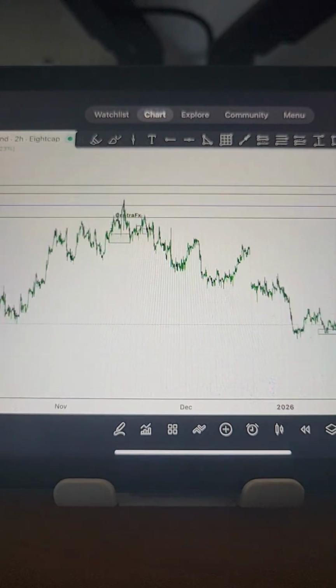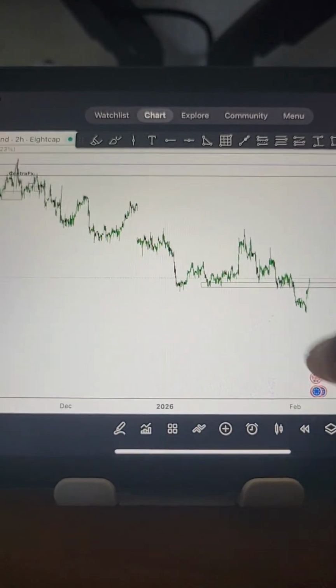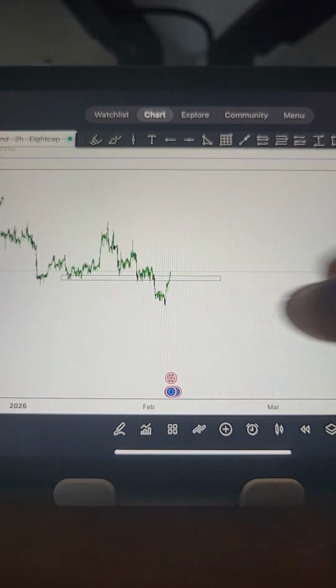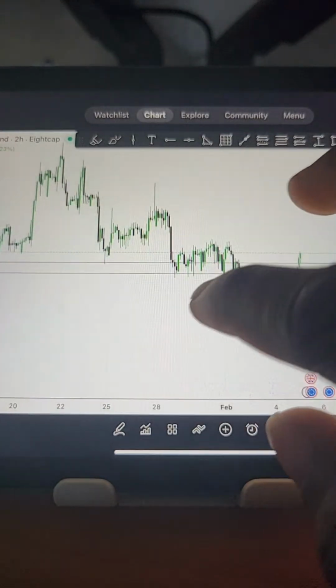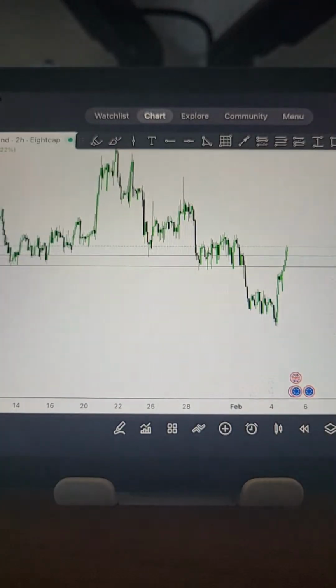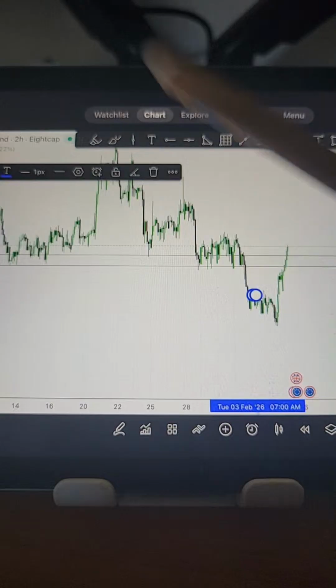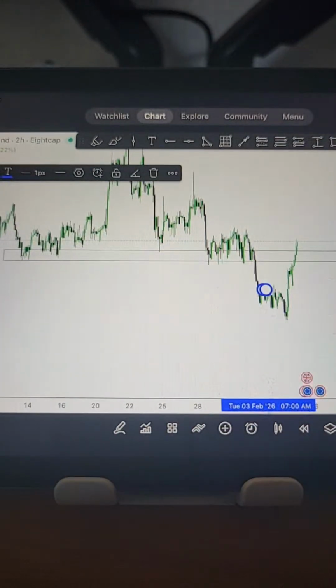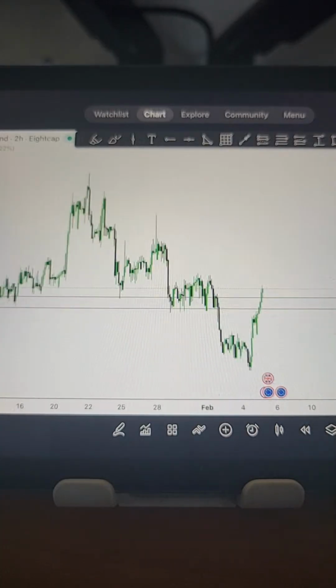You can see we have been trending downward, we have been trending to the downside on EUR/GBP. Price broke below this zone here, so it means we are still bearish on this trade.